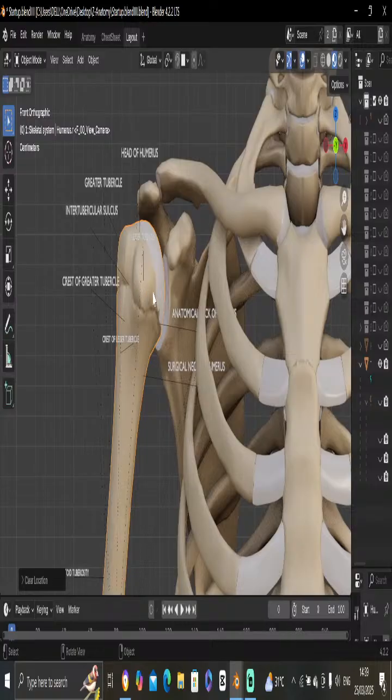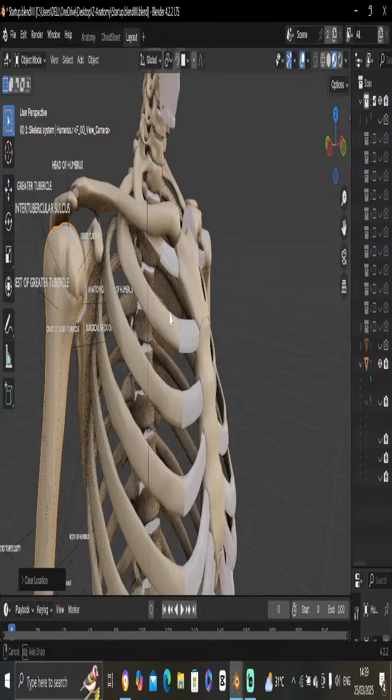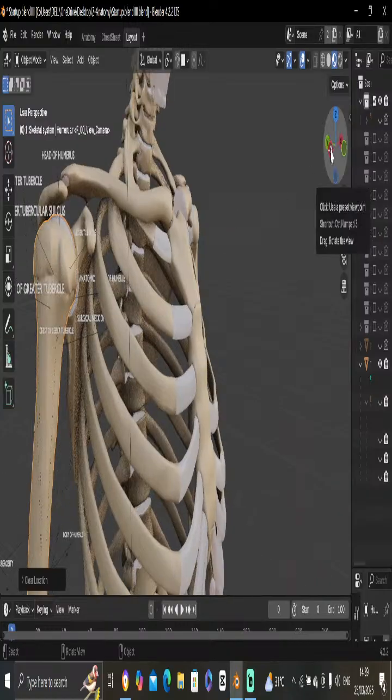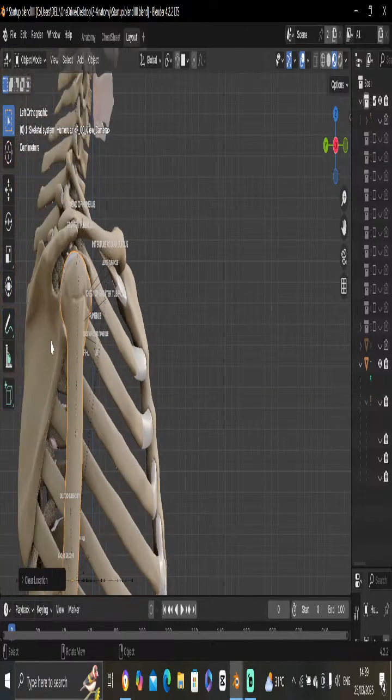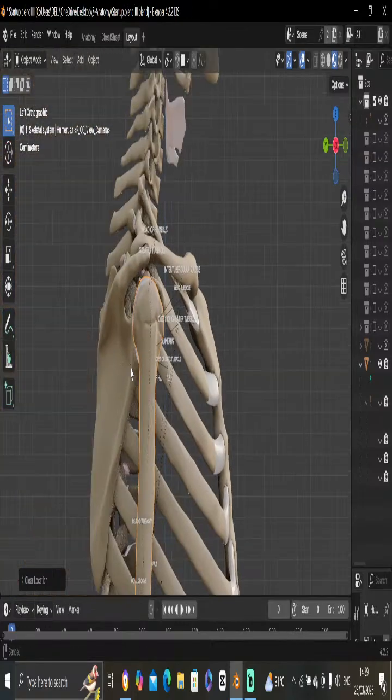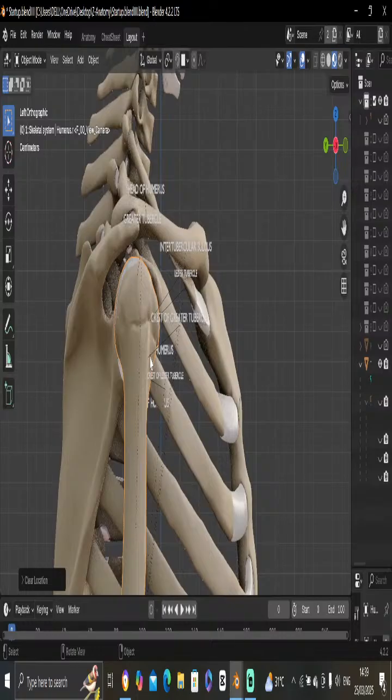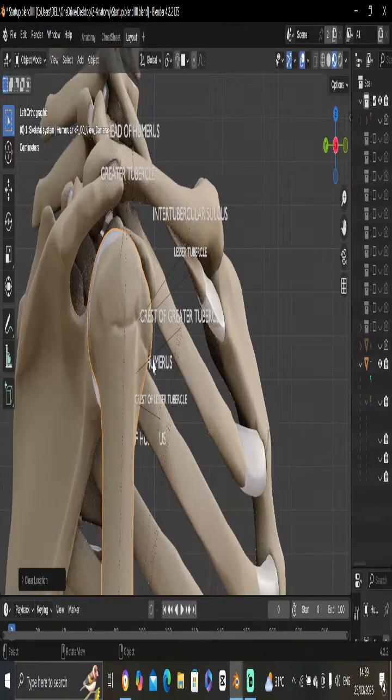If we look at it from the side, we can see that the lesser tubercle is facing anteriorly, projecting forward.